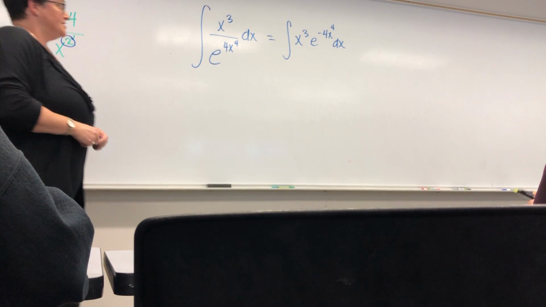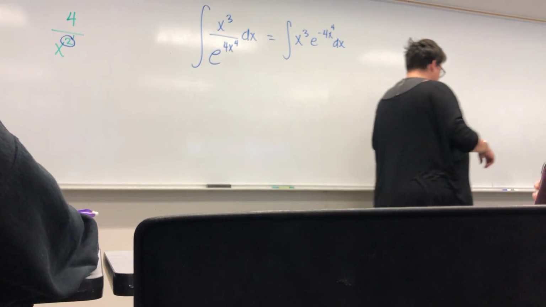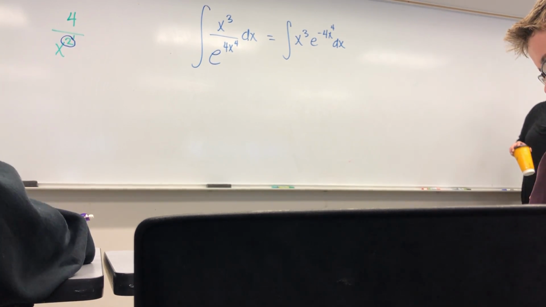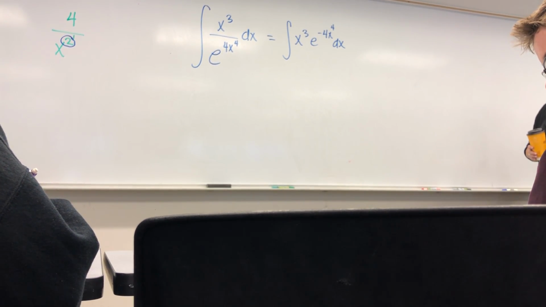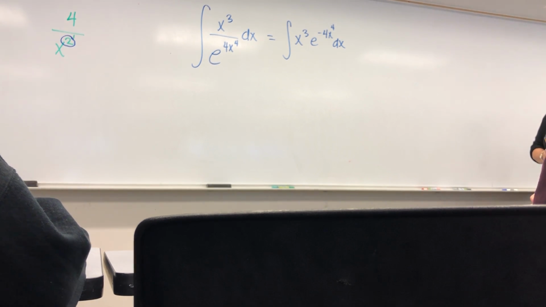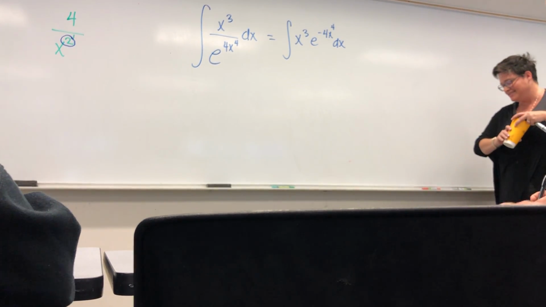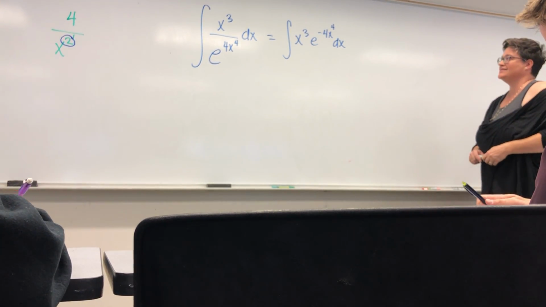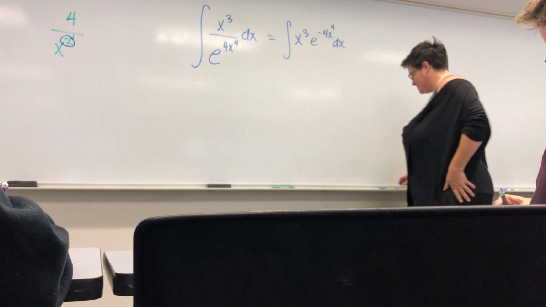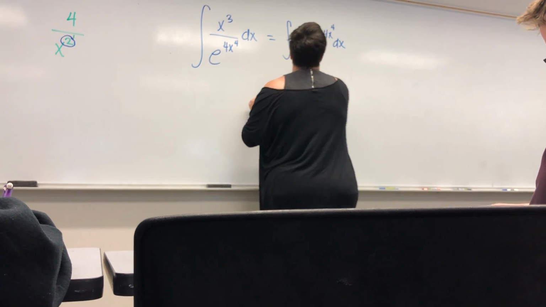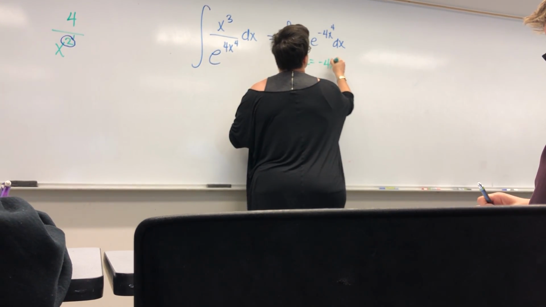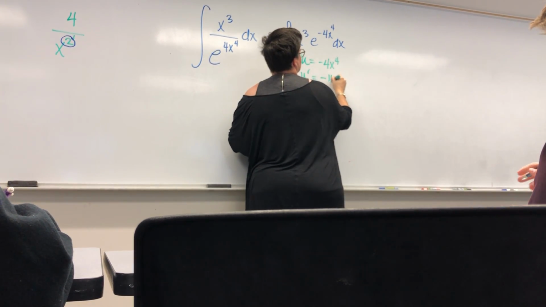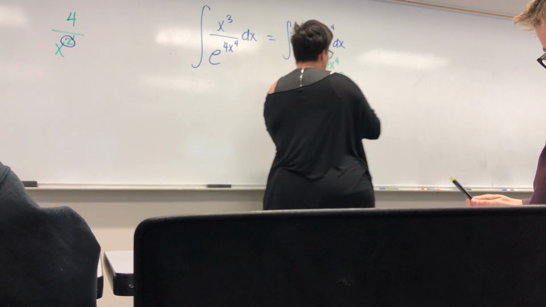Okay, so which integral are we looking at? 1, 2, 3, or 4? 3. Why? There's an e. That's right. Okay, so what's my u? And what's u prime? Negative 16x cubed. And what do I multiply and divide by?